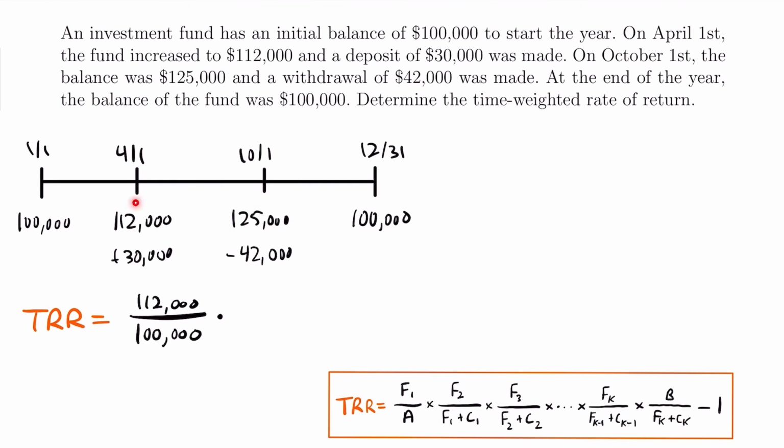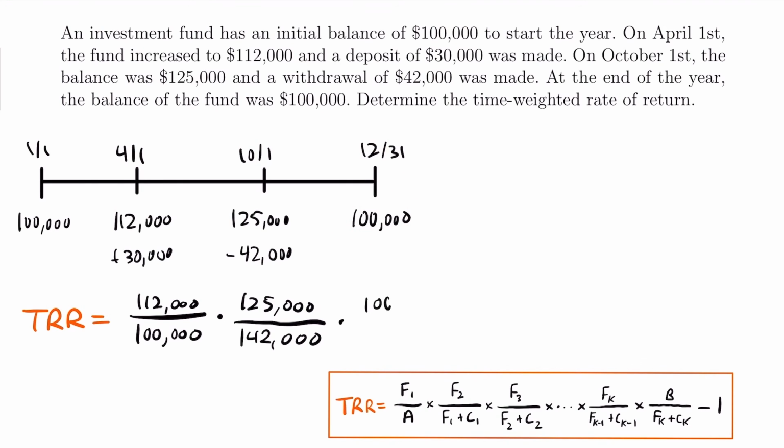We already worked with this reported balance, so now we're going to move on to this reported balance, and so we will have $125,000, and that will be divided by the previous balance plus any cash flows. And so $112,000 plus $30,000 will be $142,000. And then we will multiply that by the next reported balance, which happens to be the end balance.